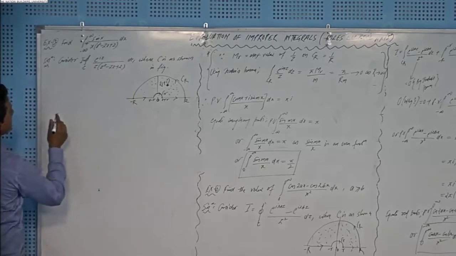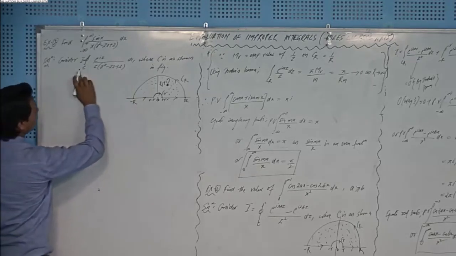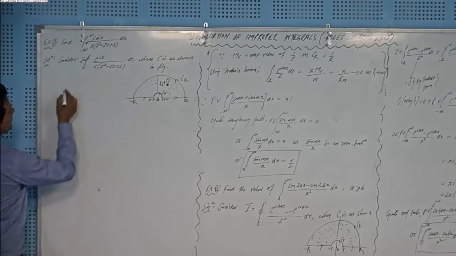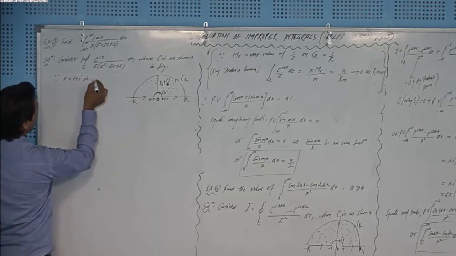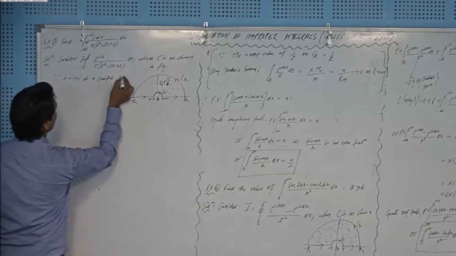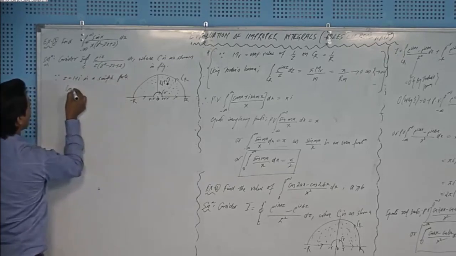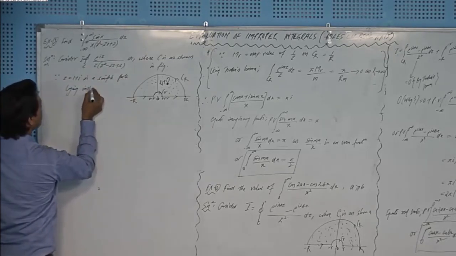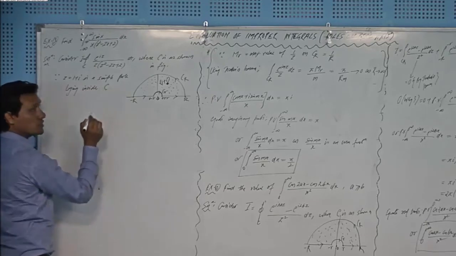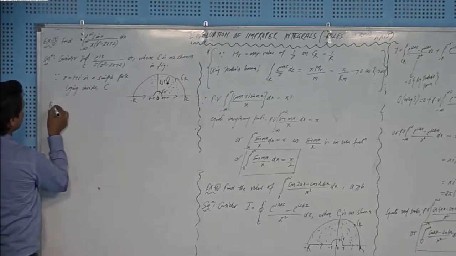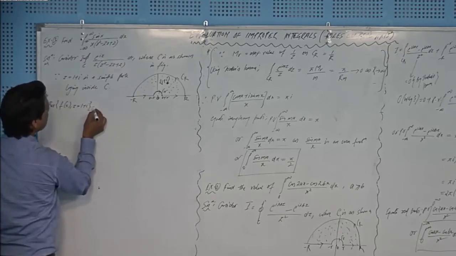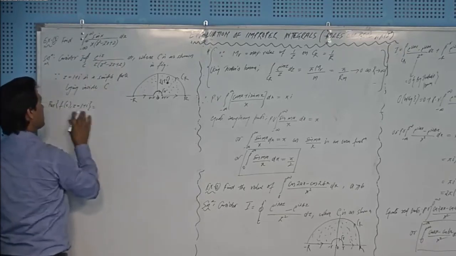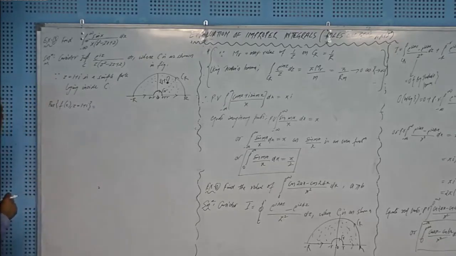Okay, so from figure I will start. First I should evaluate the value of this I, right? And since z equal to 1 plus iota is a simple pole lying inside the shaded region, that is C, right? So finding a residue at z equal to 1 plus iota for this function, since it is a simple pole, should I use differentiation?